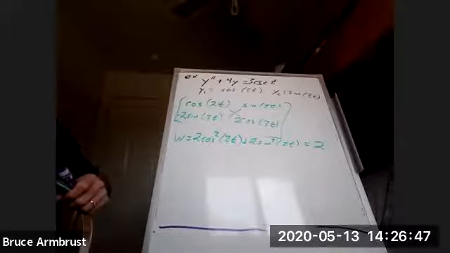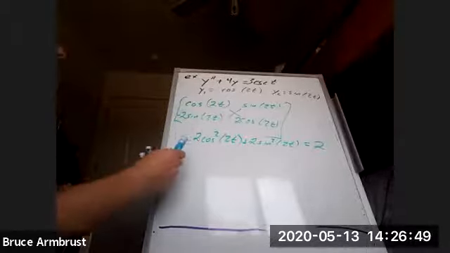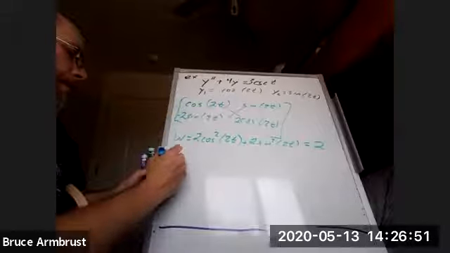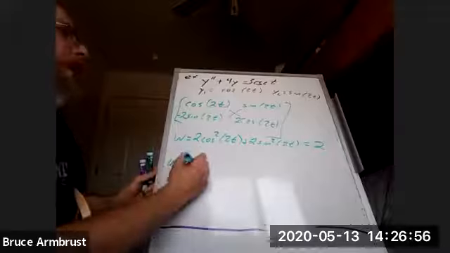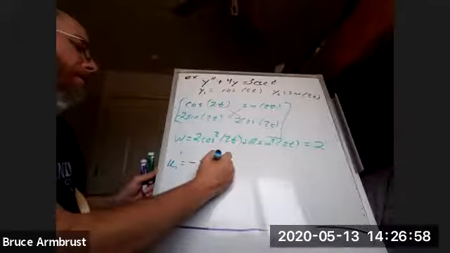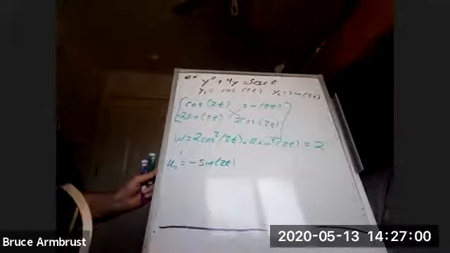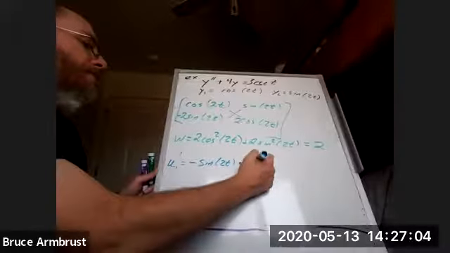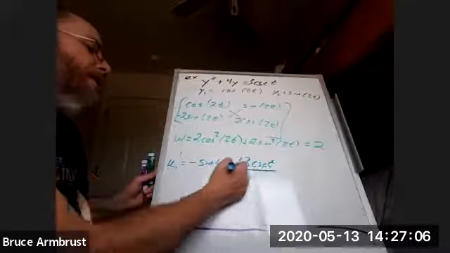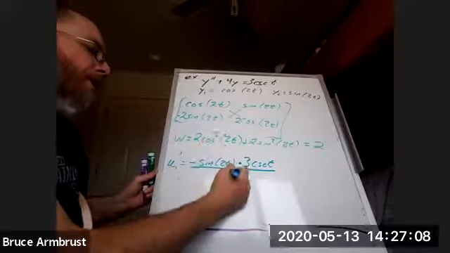So let's start with U1. So U1 prime, it's going to be negative y2, so negative sine of 2t, times f, so times 3 cosecant of t, divided by the Wronskian.